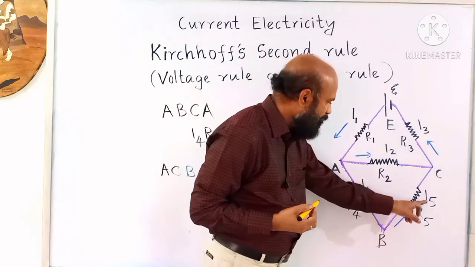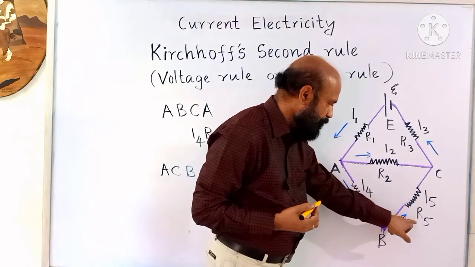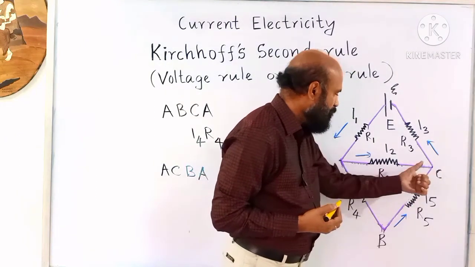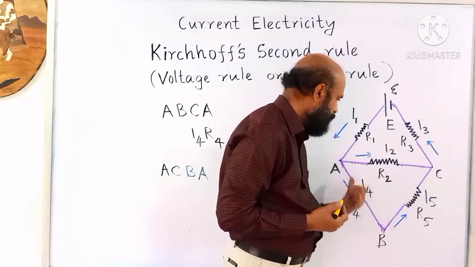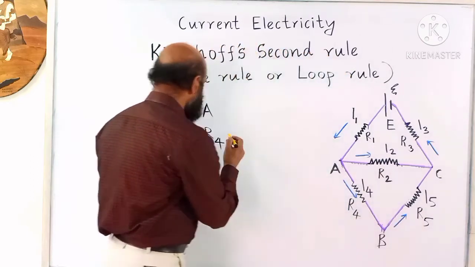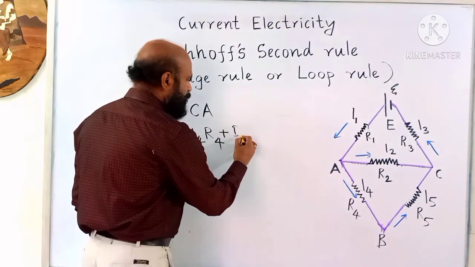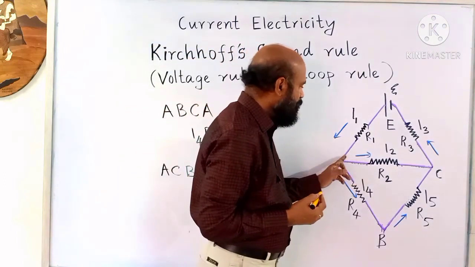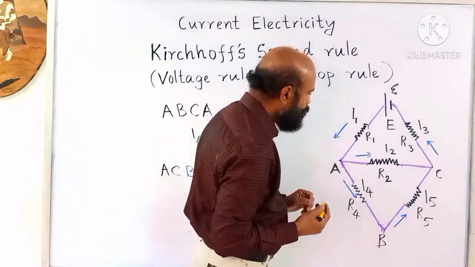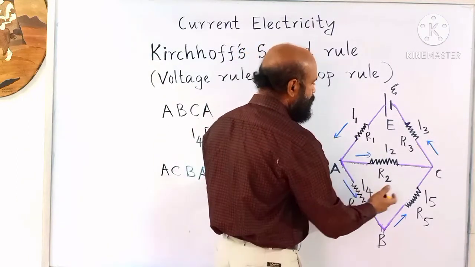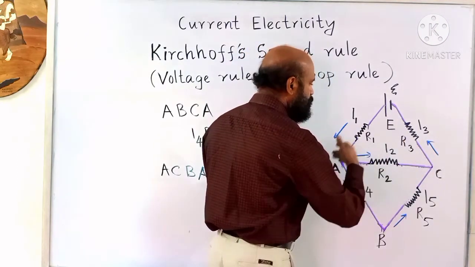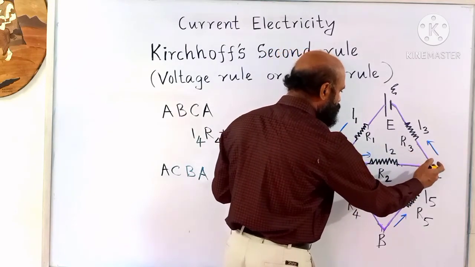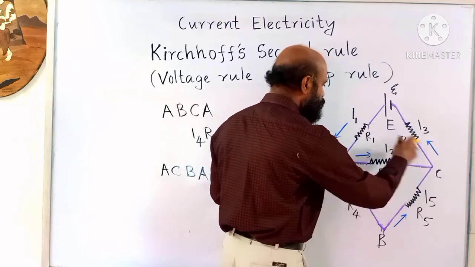Here current is I5, resistance is R5. Then see the arrow, it is in the same direction as the loop. So plus I5 R5. But here direction of the current is opposite to your movement. So current is from A to C, but you are going from C to A. This is the direction of the loop.